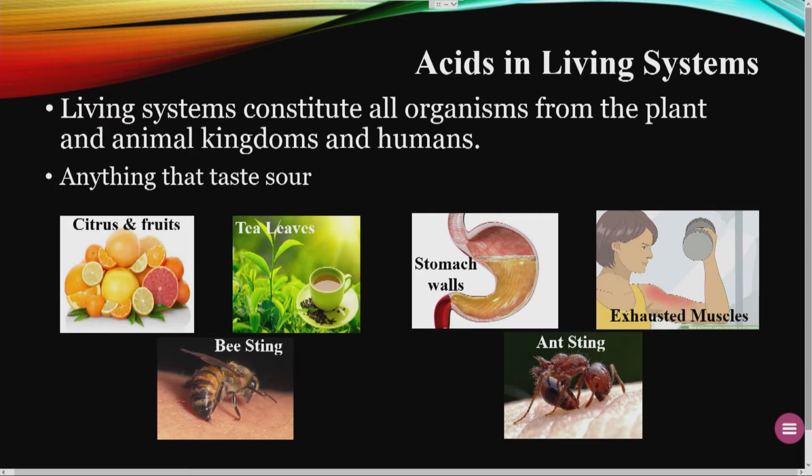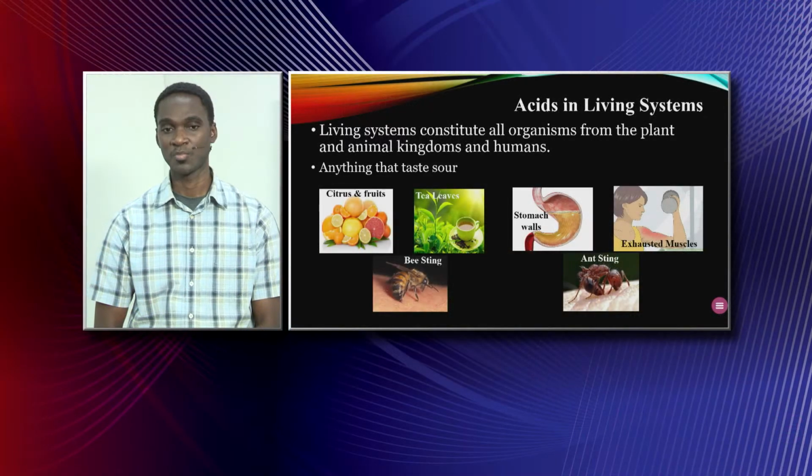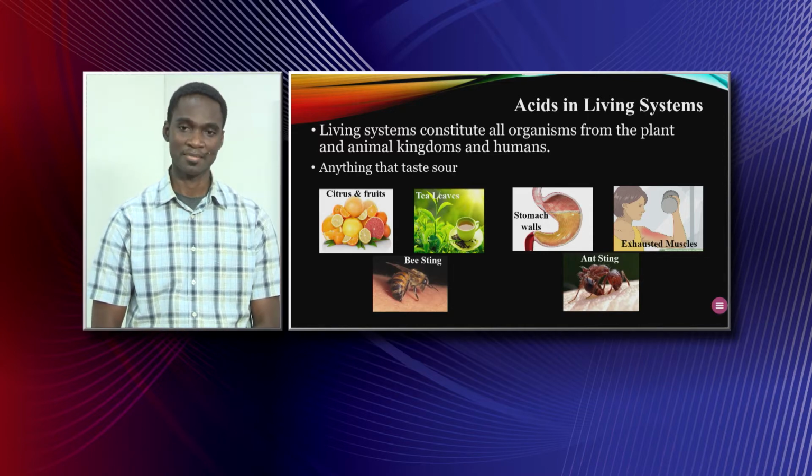When we get to our muscles, if we exercise and do a lot of work, we would normally feel a burning sensation in our muscles. And that is because the oxygen in our muscles has become depleted. In the bee sting, we also have an acid there, just like the ant sting. We also have acids there.